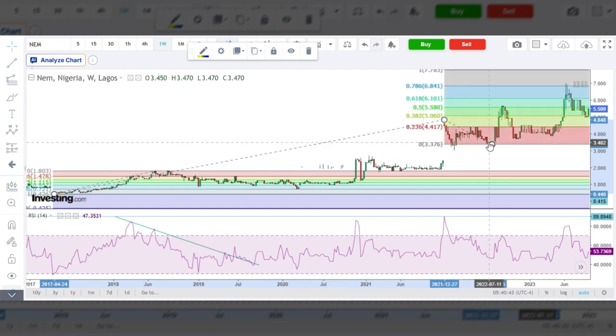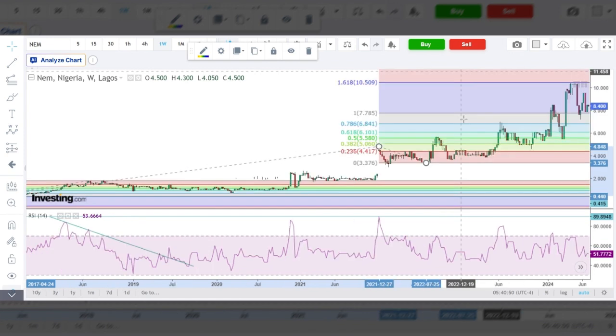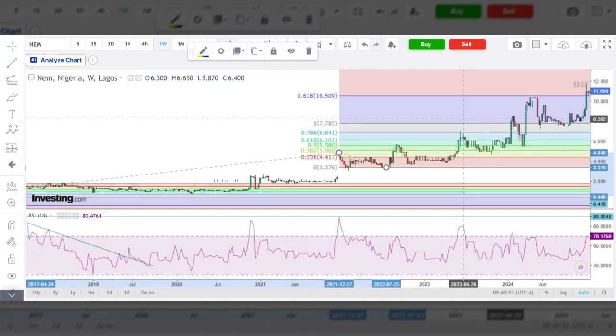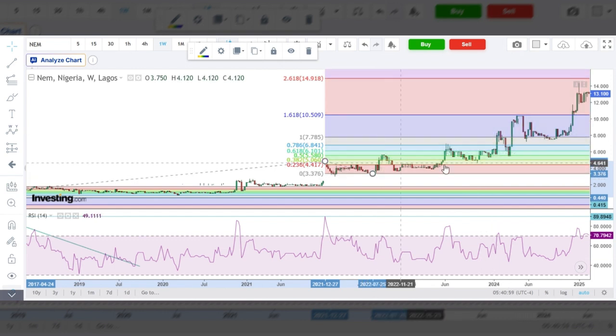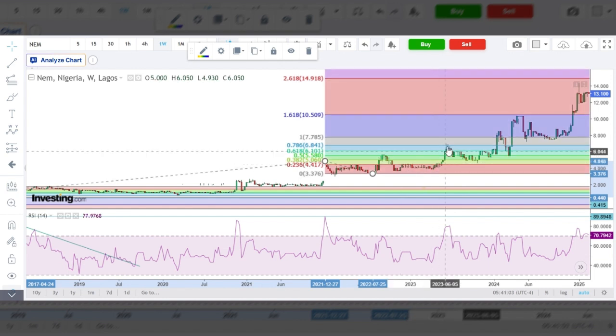This is wave four. So wave three, wave four. Now you can see that wave five actually came here and rejected. So if you want to count it, this is one, two, you can see it didn't cross here. This is three, this is four, and this is five.